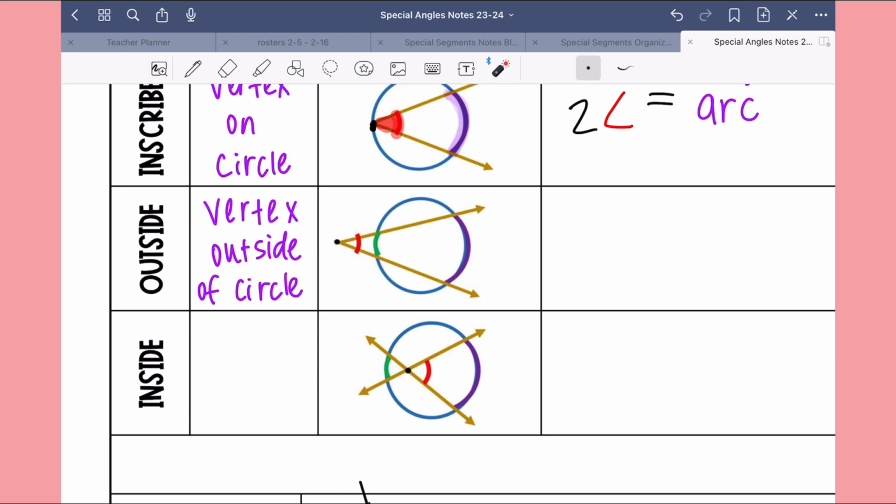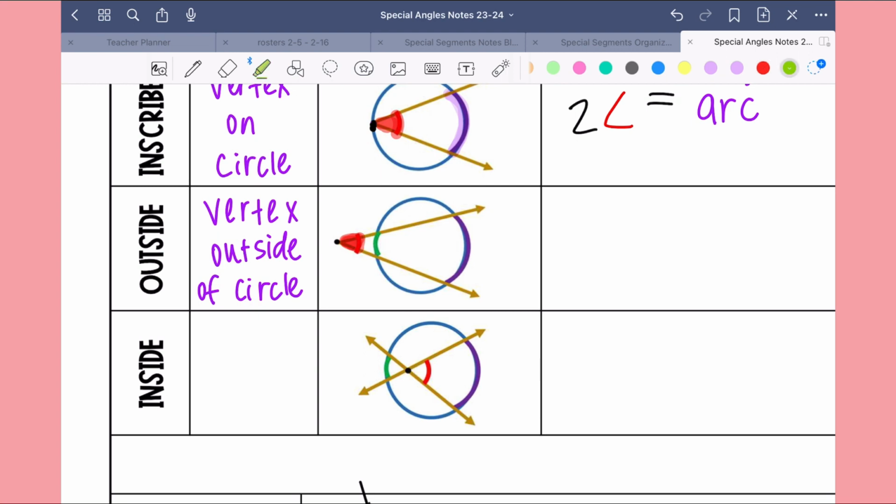I'm going to use red for my angle. When it's outside of the circle, it creates 2 arcs.